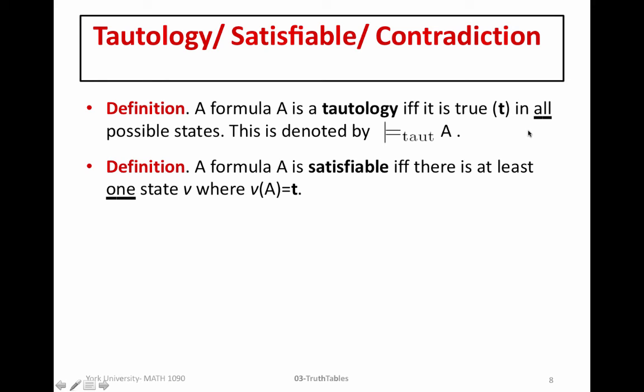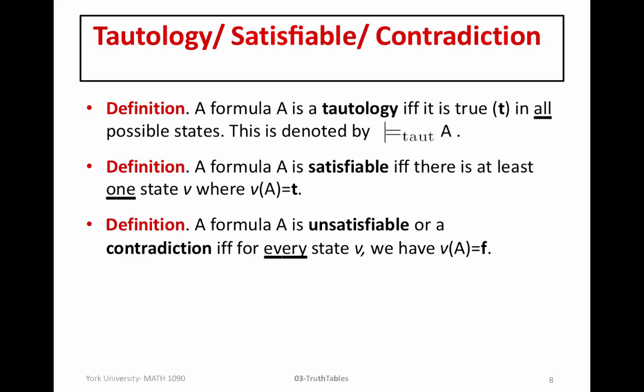Okay. We define a formula to be satisfiable if and only if there is at least one state V where the value of that formula is true. So a formula is going to be satisfiable if it has a truth value of true in at least one row.